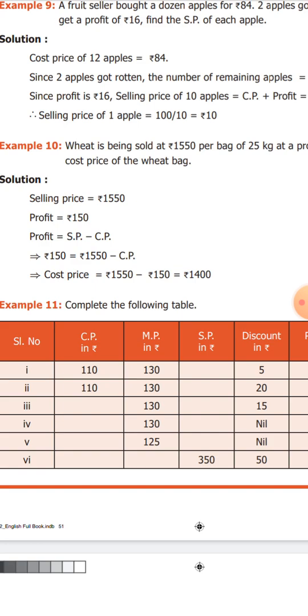So that is the cost price, and that is the marked price. MP means marked price, the MRP printed on the object.